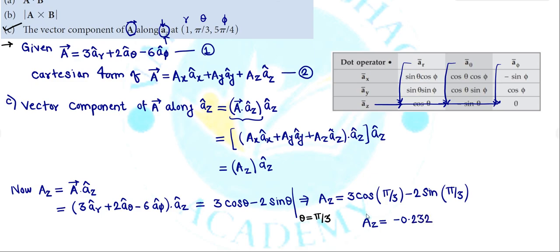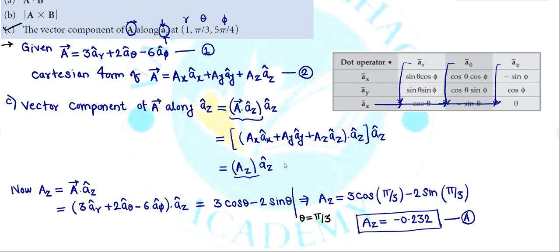If you simplify that, we have this Az to be minus 0.232. So this is the Az value that we have. Say this to be some equation A or whatever, because we are going to put this minus 0.232 within this one over here.